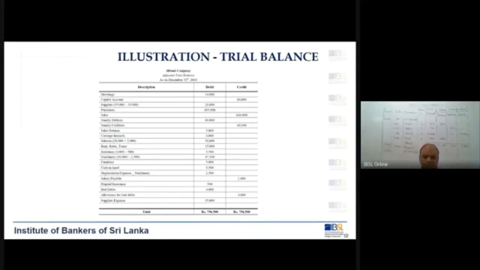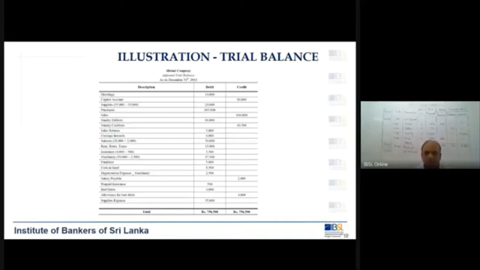So the trial balance will just prove the mathematical equality of your list of balances. Okay. And when you are extracting a trial balance, the most important thing is you have to extract all the list of accounts. You cannot miss out on any of the accounts.